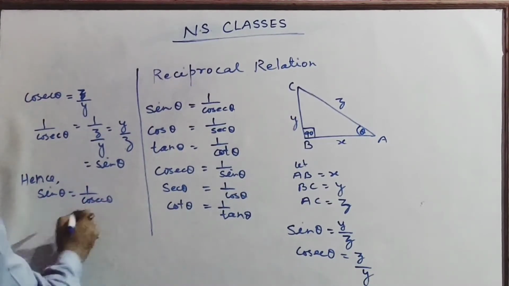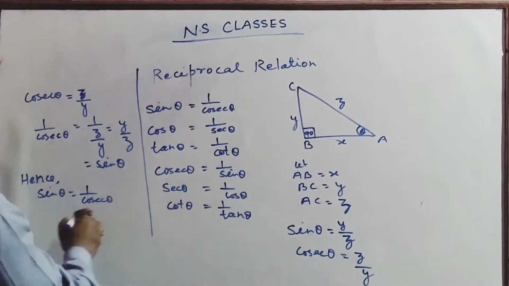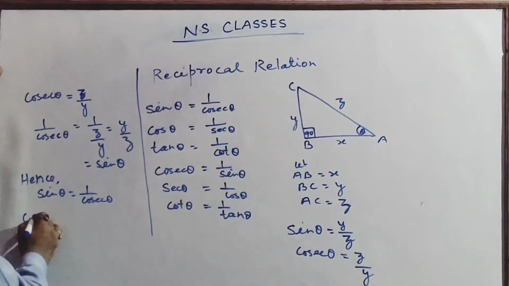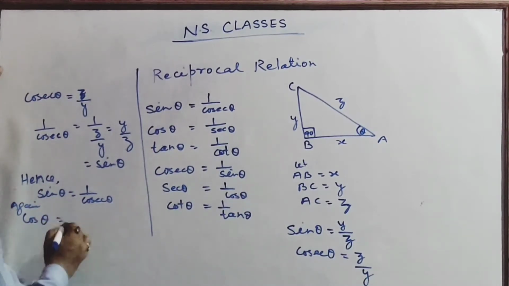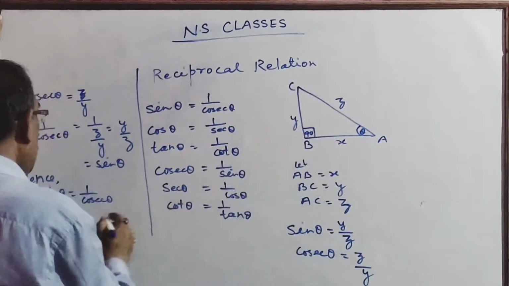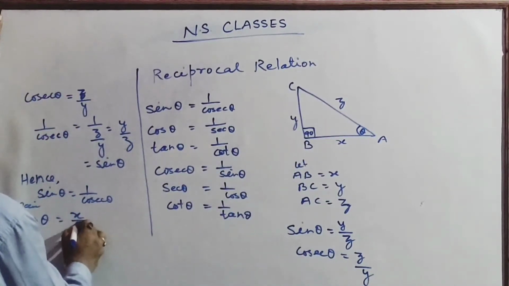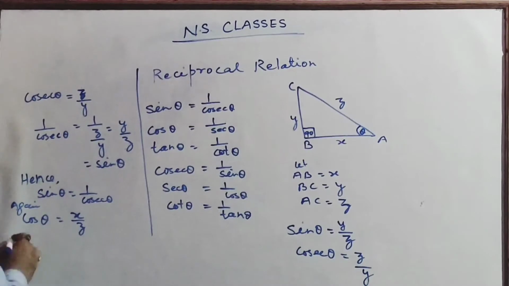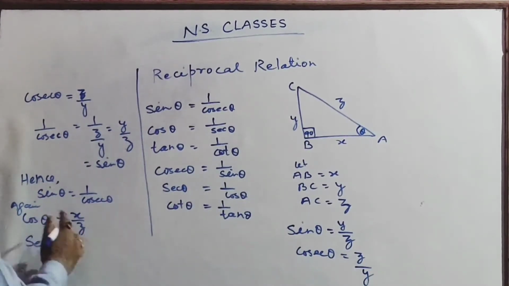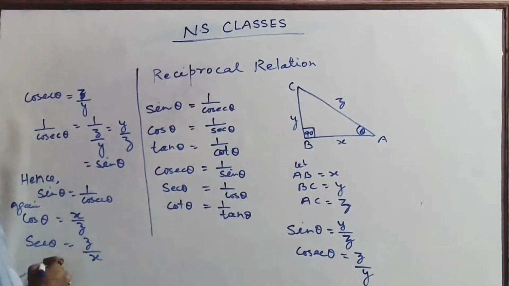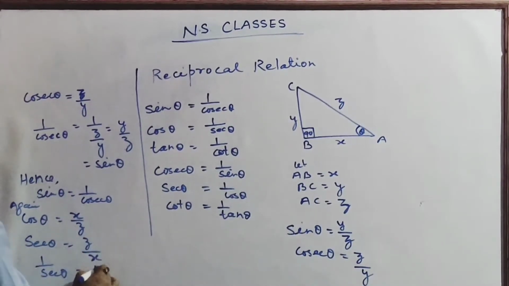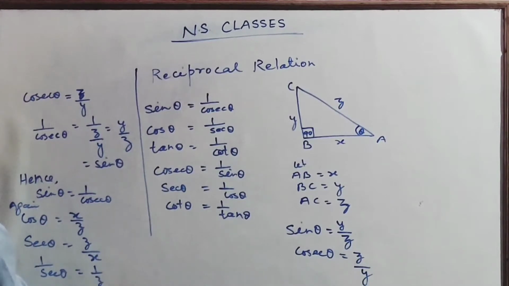Similarly, when I write cos theta, again cos theta is equal to b by h, that is x by z, and sec theta is equal to reciprocal of it, it means z by x. 1 by sec theta is equal to 1 by z by x.